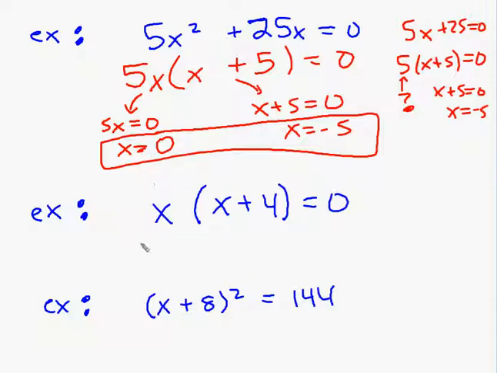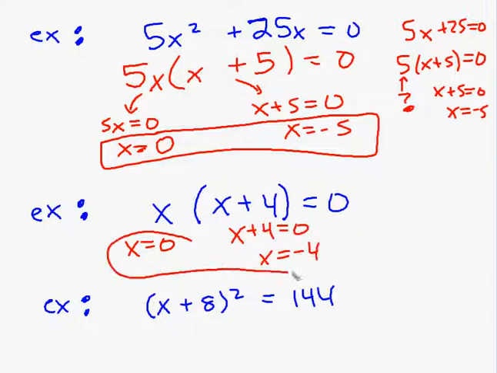Alright, how about the next one? What should we do? Well, x equals 0, and then x equals negative 4. Yep. 0 and negative 4. And the last one, someone else, walk me through the last one. What should we do? Go ahead, Alexis. Square root it. Make a square root. Yeah.